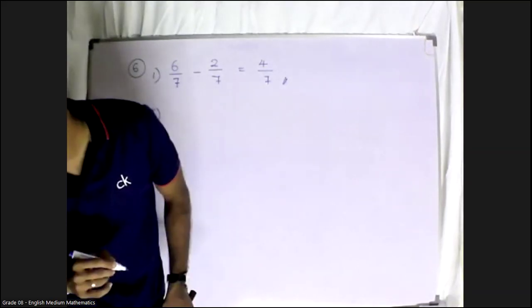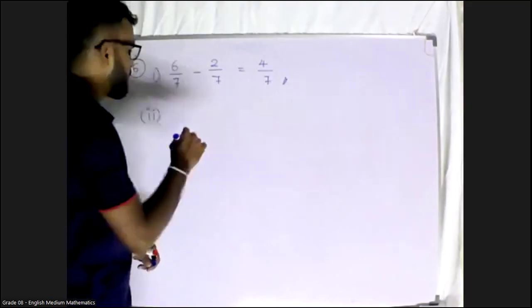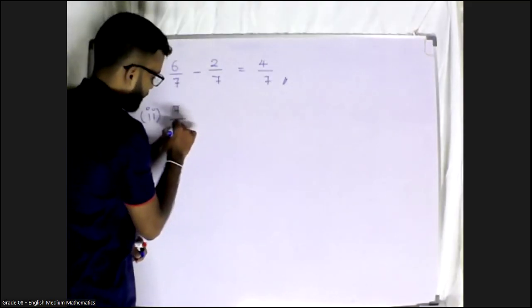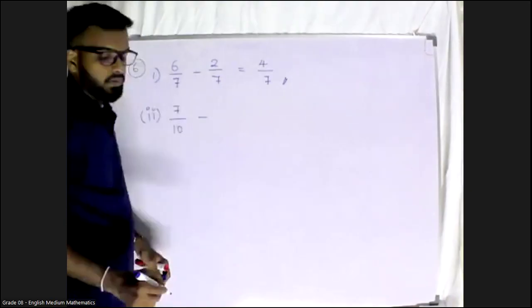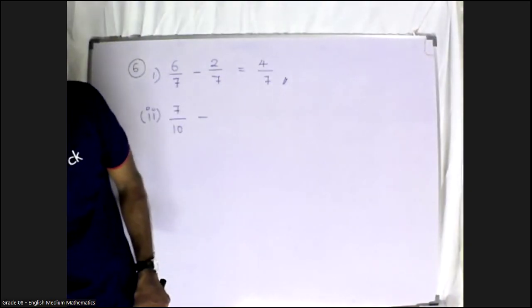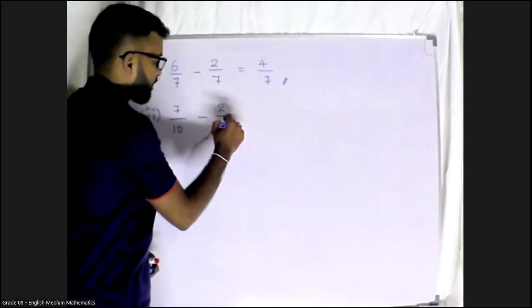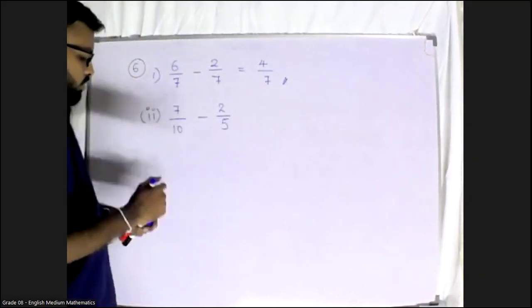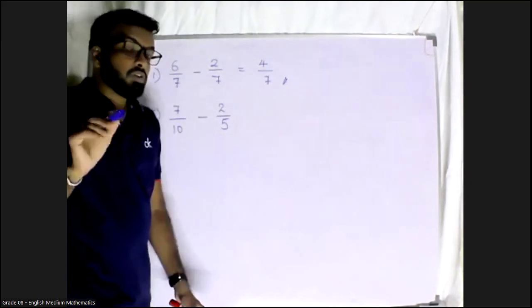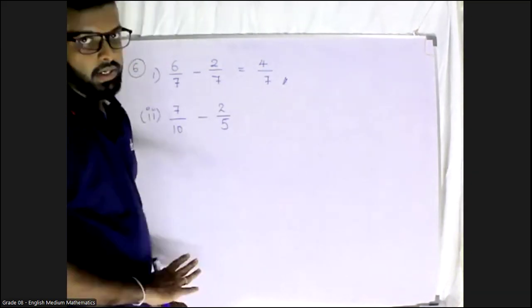In the second one, you have 7 over 10 minus 2 over 5, right? Now, the thing that you need to consider is the denominator.